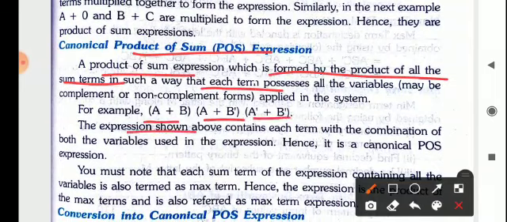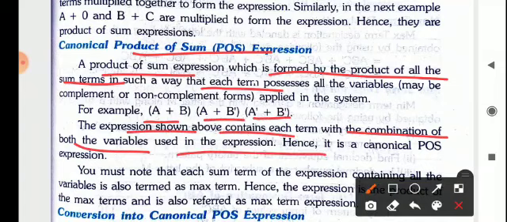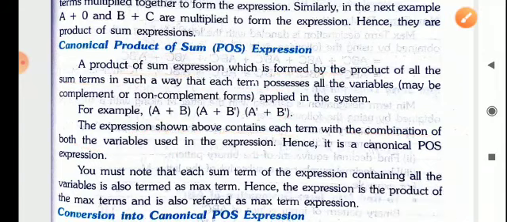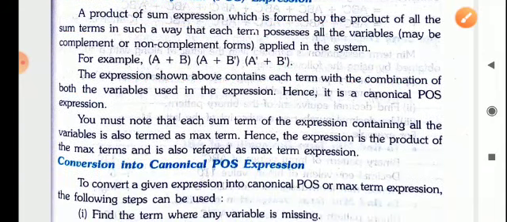The above expression contains each term with the combination of both the variables used in the expression. Hence it is a canonical POS, product of sum expression. Remember, whether it is complement or non-complement, each and every variable must be present in each part of the expression. Okay, then only it is said to be a canonical product of sum expression.